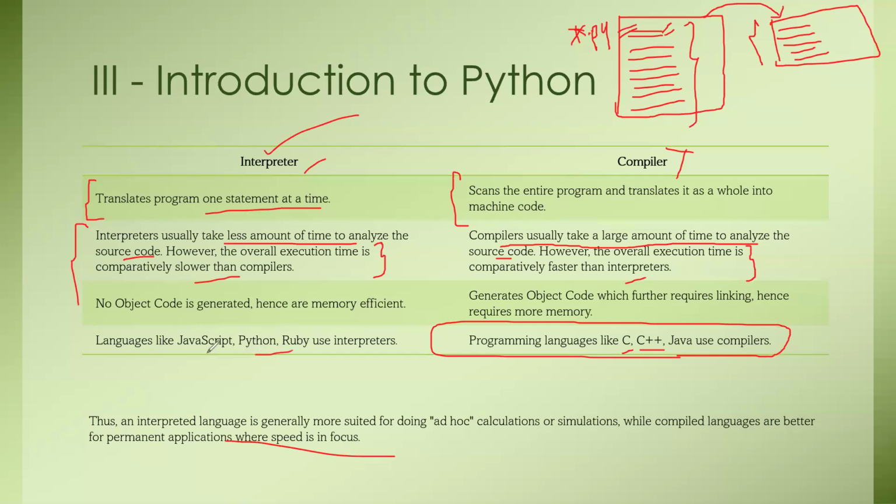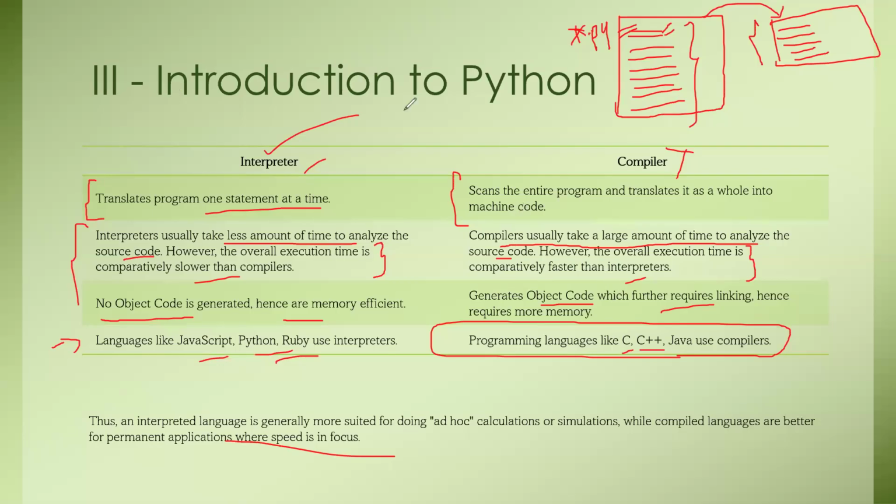And Python and other scripting languages use the interpreter. And here no object code is generated. Hence the memory is efficient, but with a compiler it generates the object code, which further requires linking and hence requires more memory. So object code means like an intermediate code. It's like an executable, which is stored separately for your compiler.